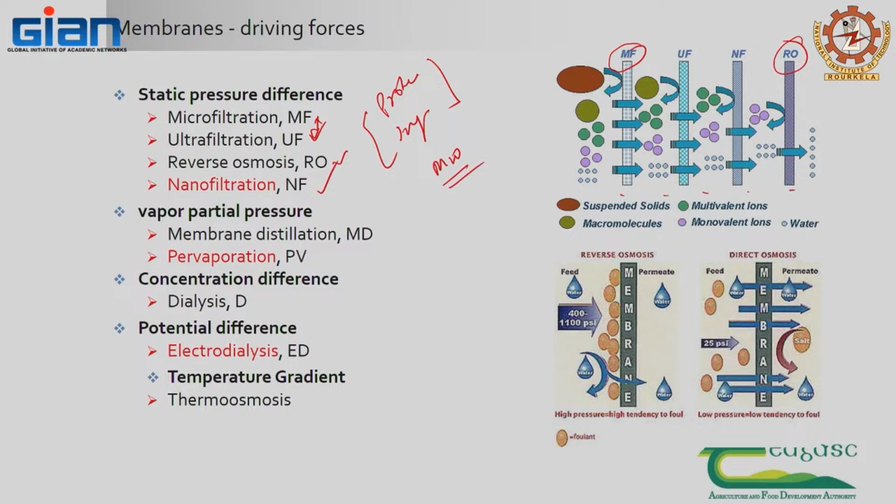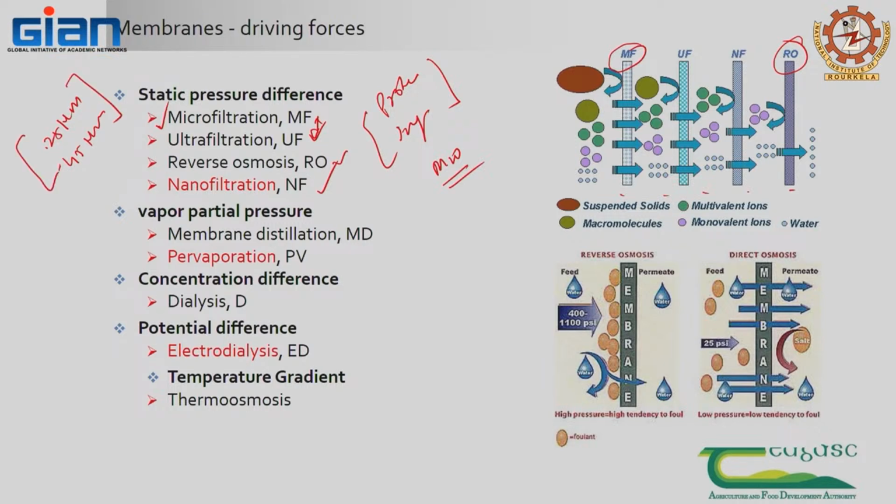So, first you have to do membrane processing using microfiltration to remove the larger particles, like what you do with a PTFE filter for HPLC. What is the size of that membrane? 0.25 micron or 0.45 micron, or 25 micron or 45 micron. This is easy for removing all the particles.